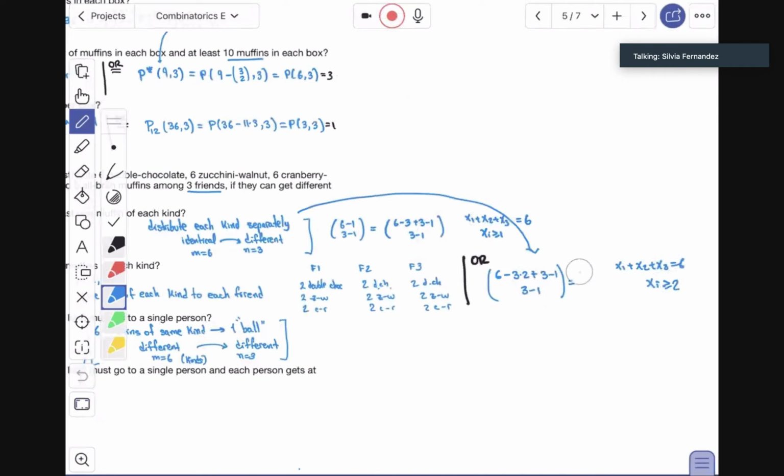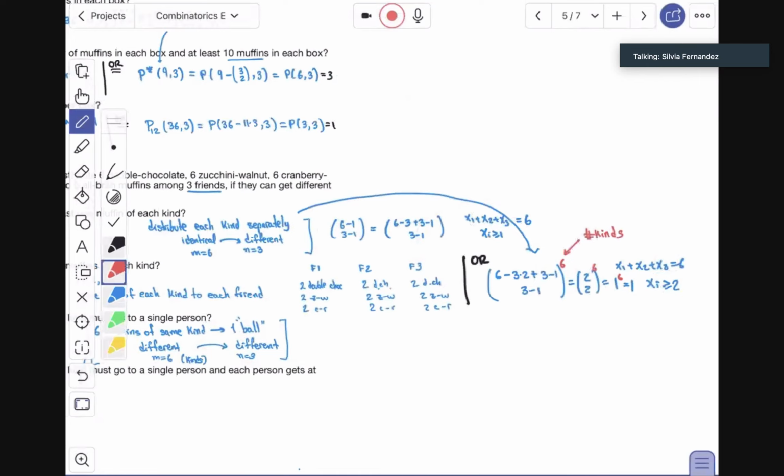And this is just 2 choose 2, which is 1. Then you do it per kind, so you raise it to the 6th power, and that gives you 1. The 6 is because we did that per kind, the number of flavors. So there is just the realization that there is only one way to do it.